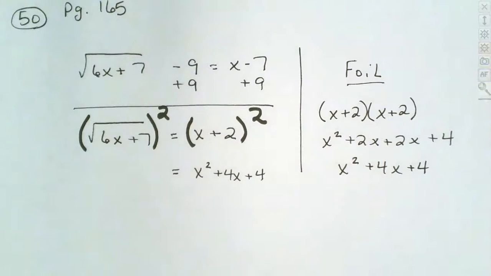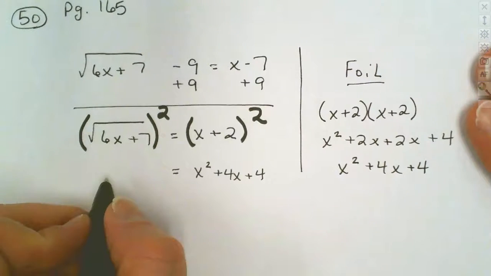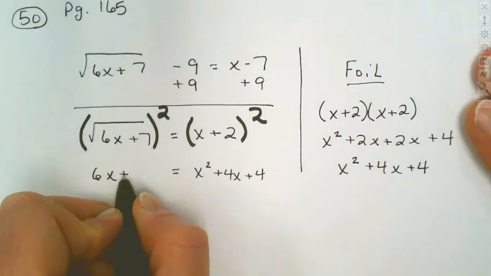And what's going to happen to the left-hand side? Well, when we square a square root, those cancel, don't they? So that's going to leave you then with a 6x plus 7.